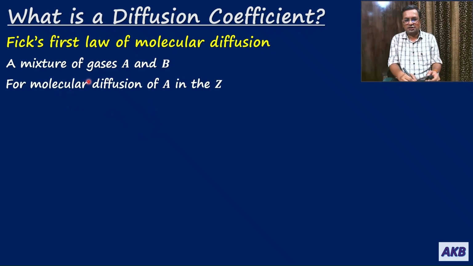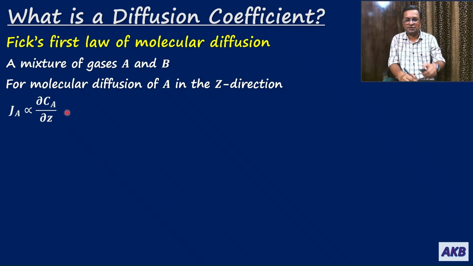In this binary gas mixture, if there is molecular diffusion of A in the Z direction, then according to this law, JA is directly proportional to ∂CA by ∂Z, because we are writing the law only for the Z direction.